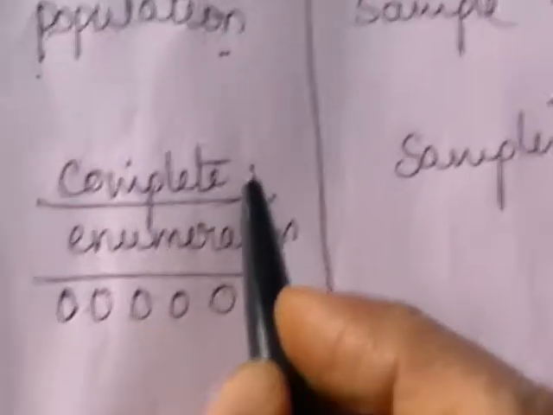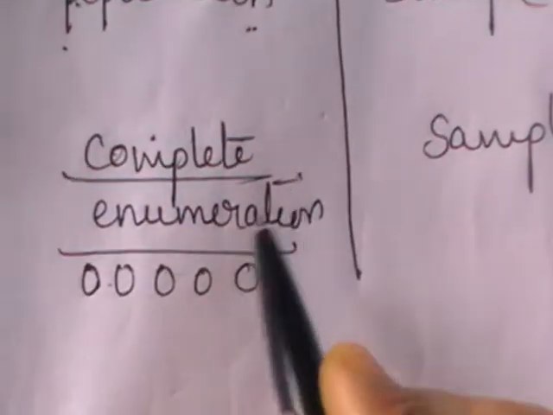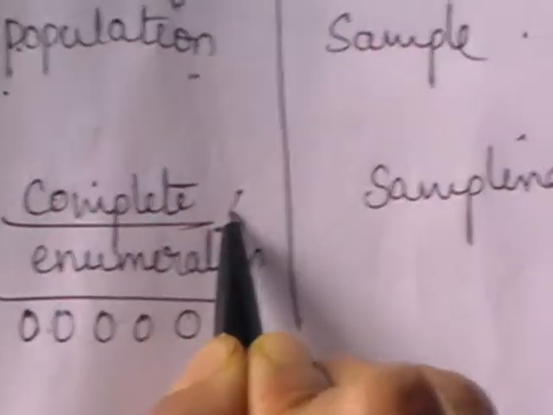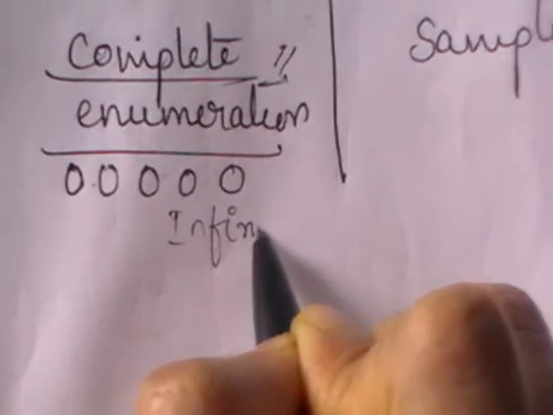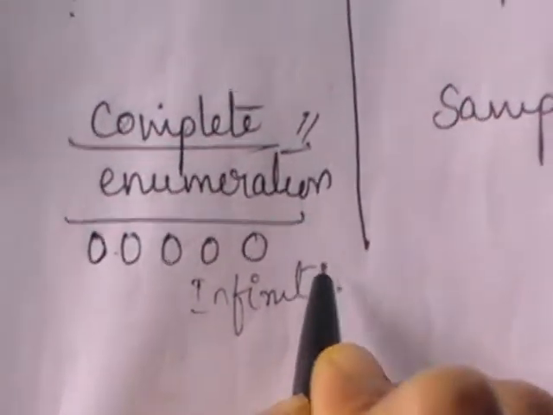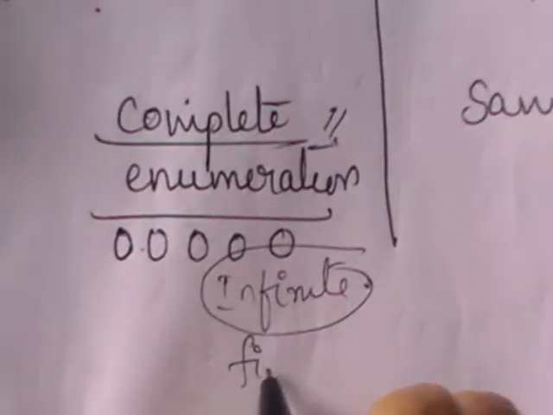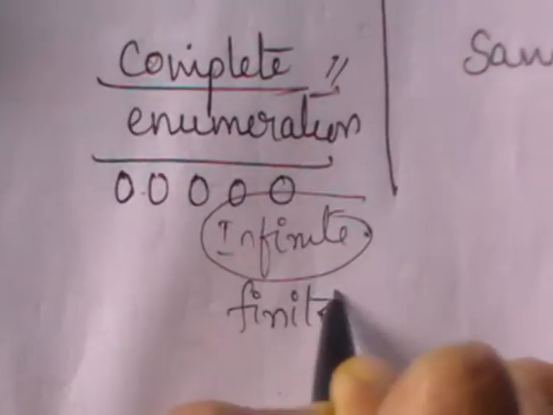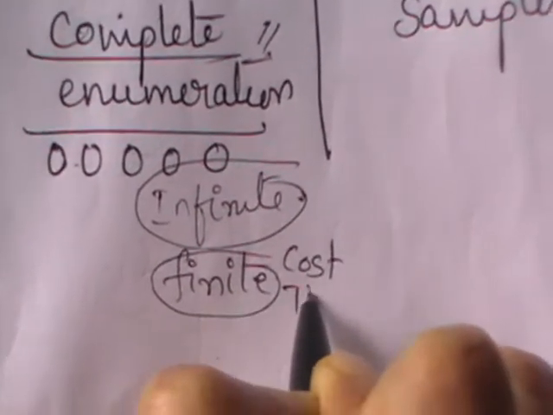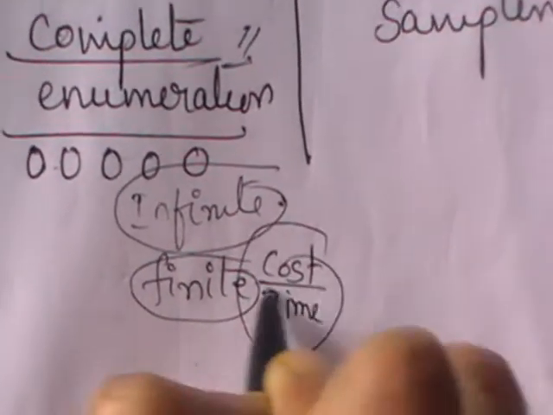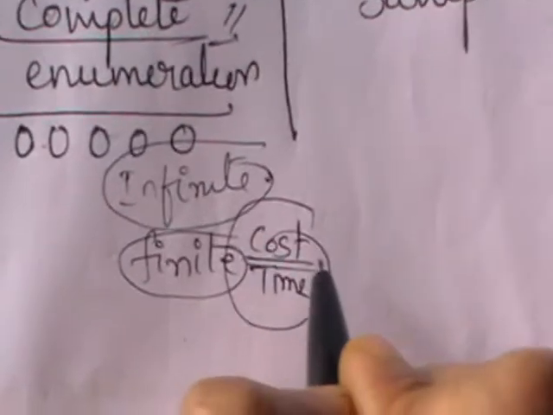In the previous topic we discussed some drawbacks of complete enumeration. What are the drawbacks? If the population is infinite, we cannot study each and every unit of the population. Even though the population is finite, we cannot study each and every unit because of factors like time and cost. These two will be beyond our estimation.